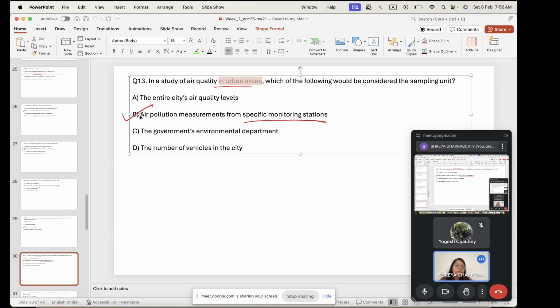So for me, B is the more correct answer. And not the number of vehicles in the city, because there could be other sources of pollution as well. And the government's environmental department will not work as a sampling unit.